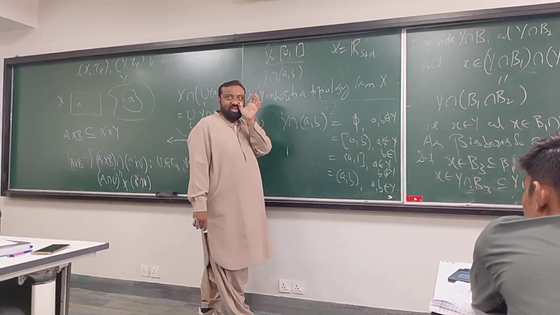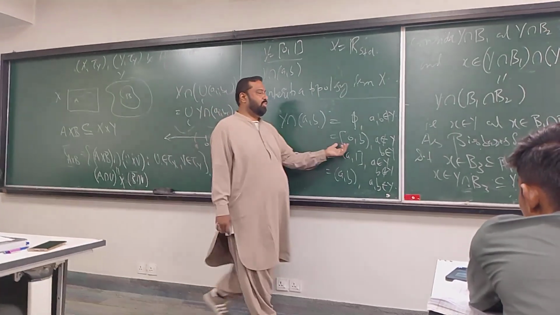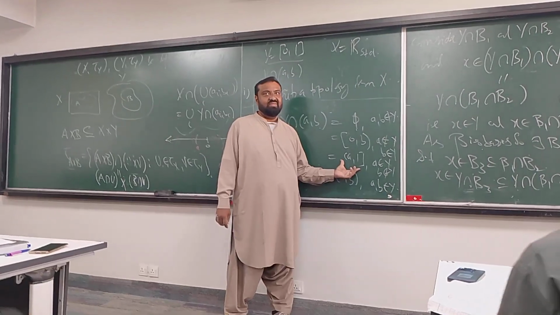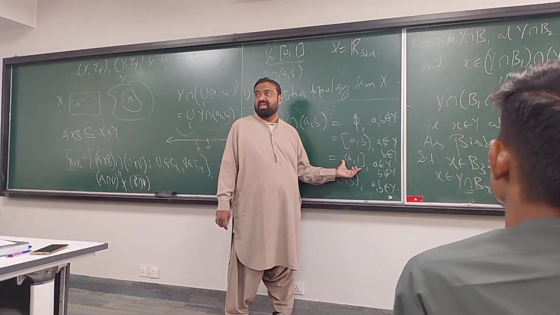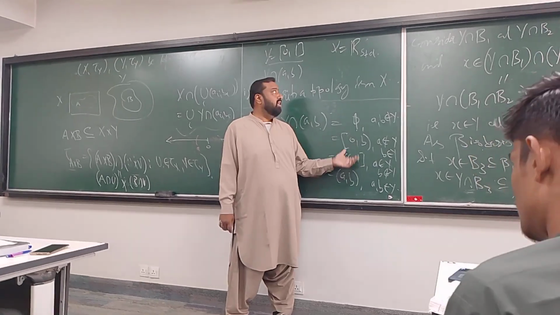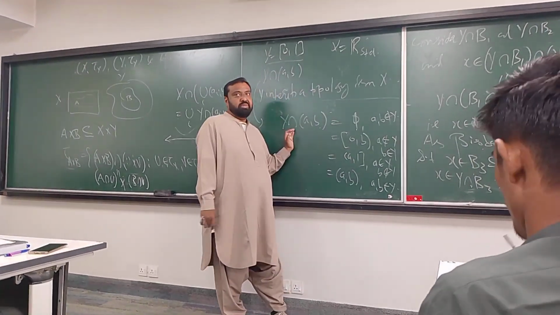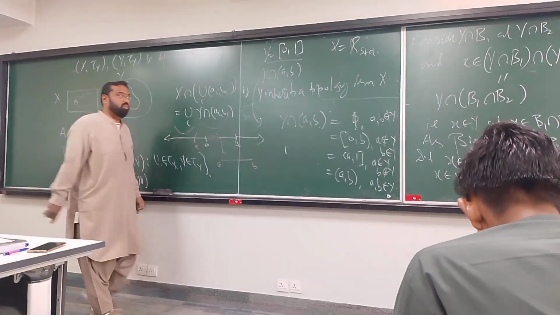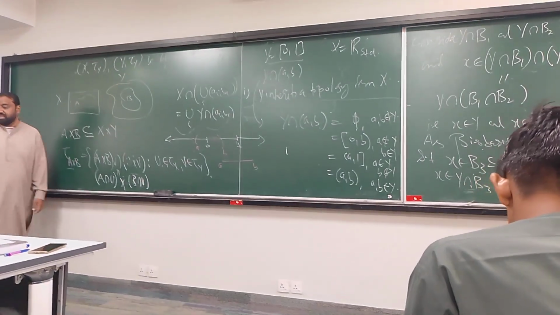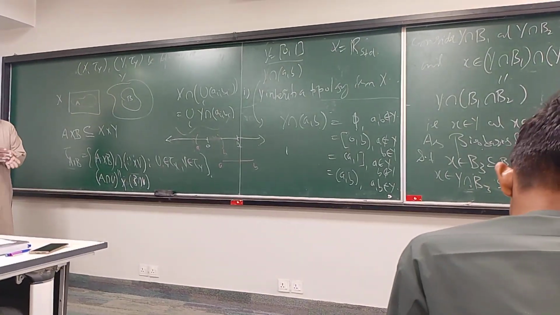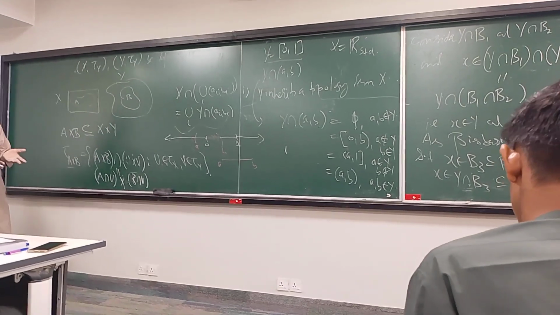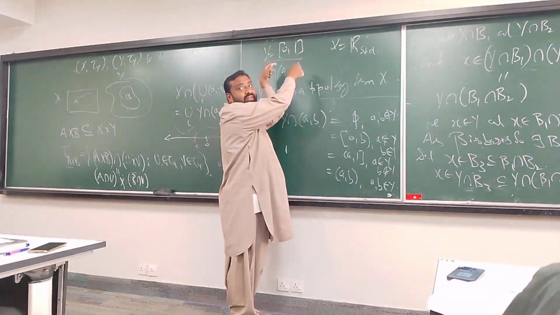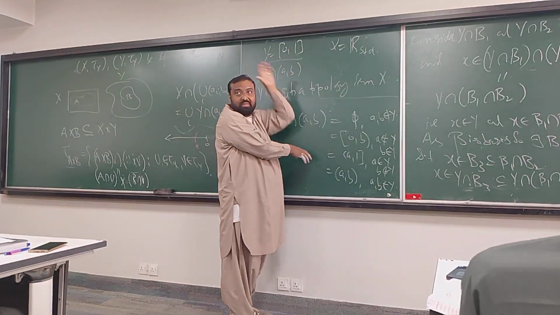This is something you have to keep in mind. This is obviously open in subspace topology, but not necessarily open in the standard topology. You have to be careful. If you take Y to be itself open, say (0,1), then everything is open.